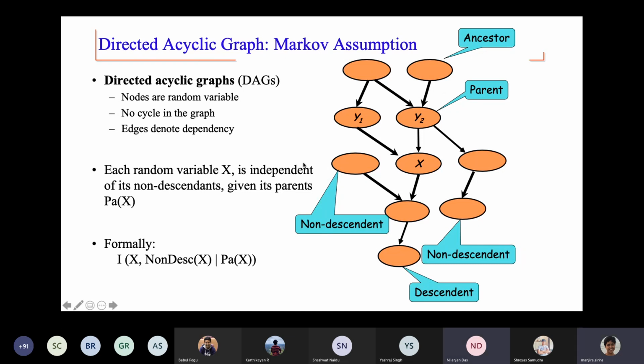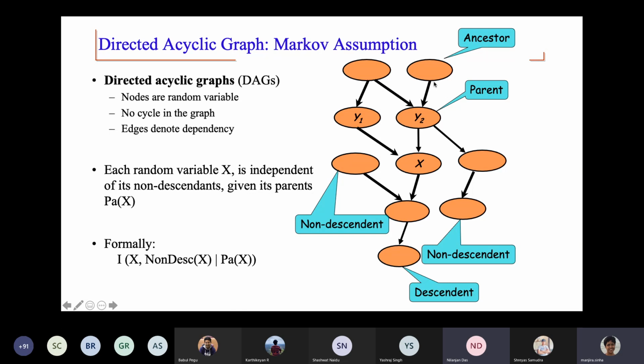Okay, so each random variable x is independent of its non-descendants given its parents. Say, for example, this is my x. Random variable means I want to calculate the probability of x given certain conditions, right? So this x, as you can see from the graph, has two parents, y1 and y2.